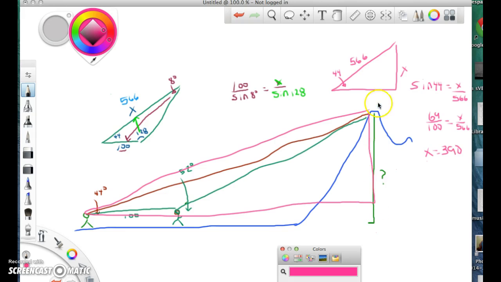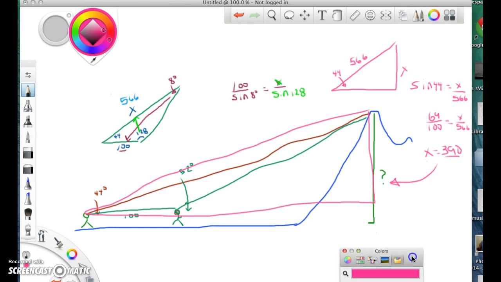So this guy is 390 feet right here. So how tall is the mountain? 390 feet. And we did not use a measuring tape besides measuring the distance from here to here. And some measuring of the rise, maybe a type of protractor or one of the survey tools that fancy construction people use.